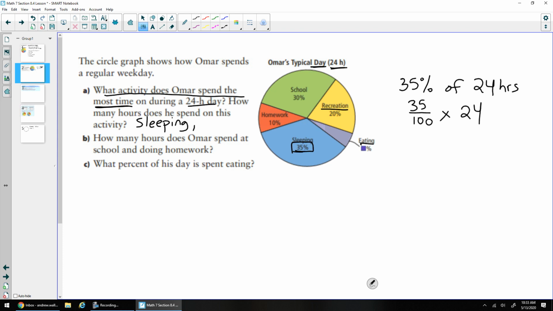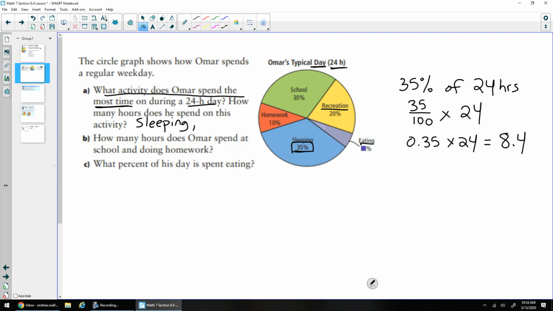Of means multiply. 35% is the same as that fraction, 35 over 100, and we can just go 35 divided by 100, and that gives us our decimal, which is 0.35. That's less than 1, which is good because 35% is less than 1 whole. 0.35 times 24 gives us 8.4.